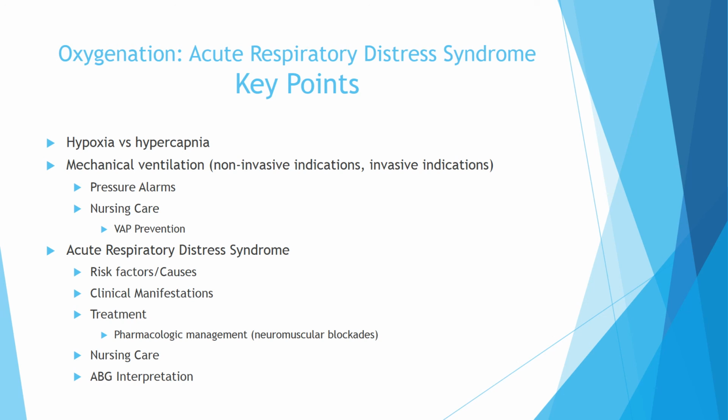So what are some things we can give to help increase lung compliance? Well, sedation could possibly help, right? Because it's going to keep the patients a little bit calm, sedated. But if that's not working and we're still having a hard time ventilating them, we're going to look to the paralytics. The neuromuscular blockades will help to increase lung compliance.